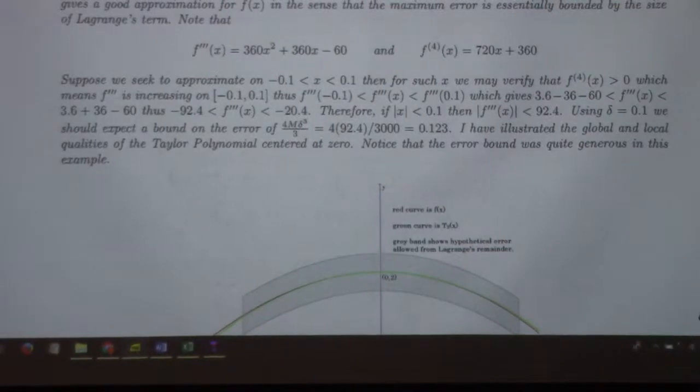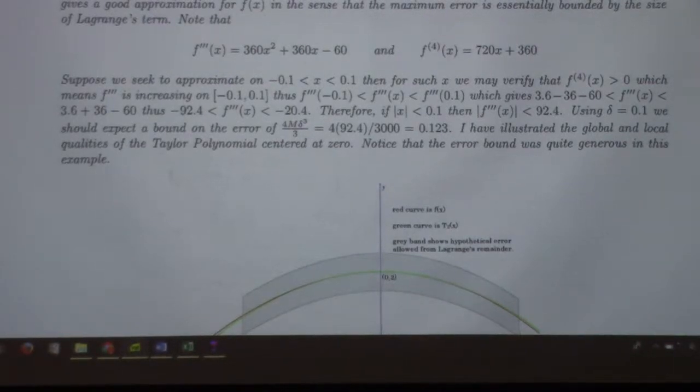It's the second Taylor polynomial. I'm an idiot. Anyway, to find the error in T2, I need to bound the third derivative. And so I give arguments here showing that the third derivative is bounded by 92.4 if we're looking between plus or minus 0.1 of 0.